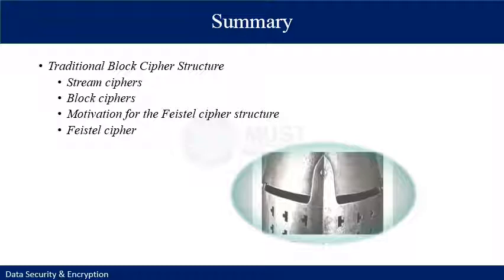On the other hand, a block cipher uses a fixed length of bits as an input to an encryption algorithm along with a key. Then we discussed the motivation for the Feistel cipher structure, and we discussed the implementation of a Feistel cipher.